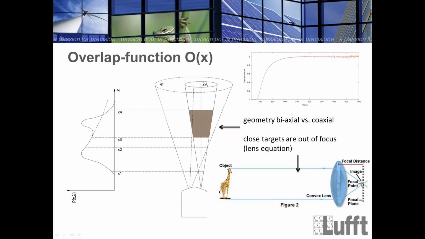So you will not detect 100% of the light, because you are not in the focal plane. And this effect happens independent of whether you are in a biaxial or coaxial mode. So finally you end up with the overlap function due to such a setup, which always looks like this. And the same would also be the case if you have a coaxial system, like the Vaisala instruments.